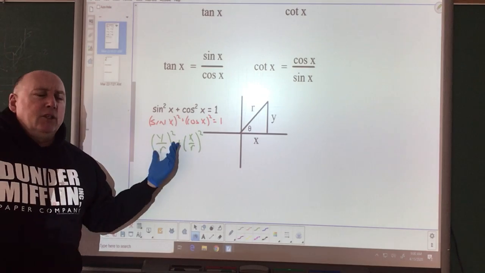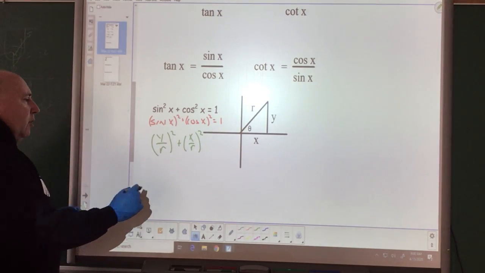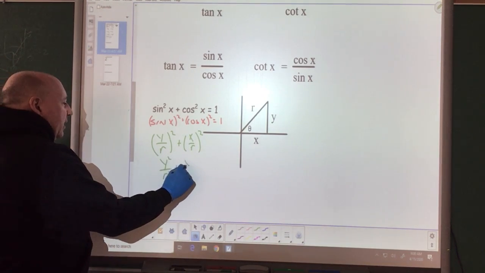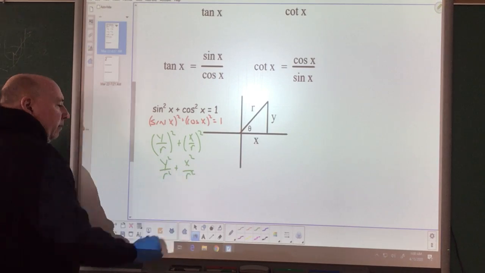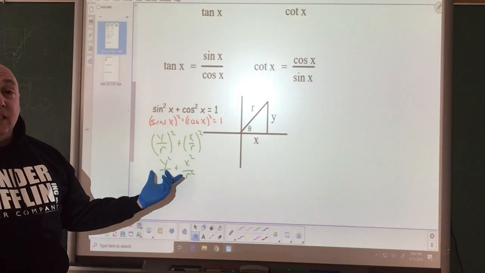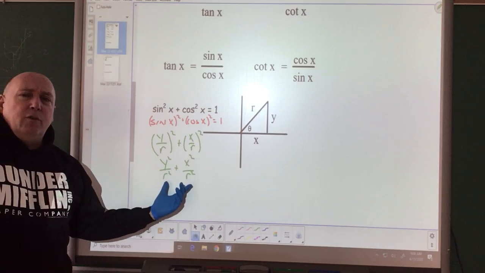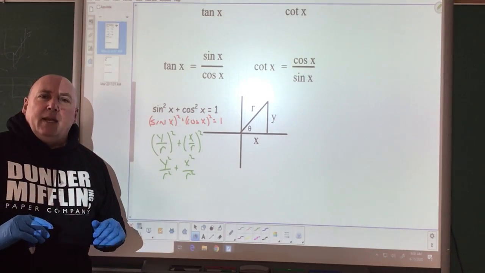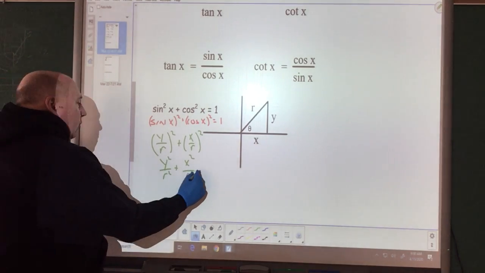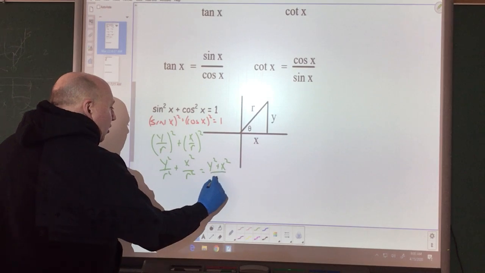Using some algebraic skills, I distribute my squared term over both terms. We have y squared over r squared plus x squared over r squared. We're asked to add these two fractions together, and to add them we need a common denominator. Our common denominator is r squared. So this is equal to y squared plus x squared over r squared.